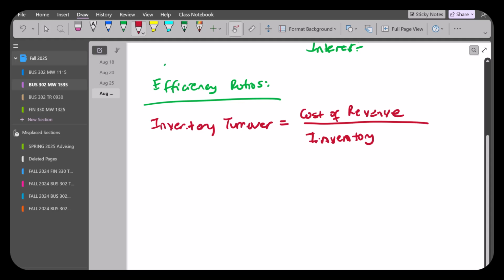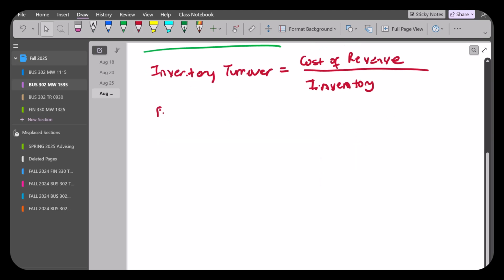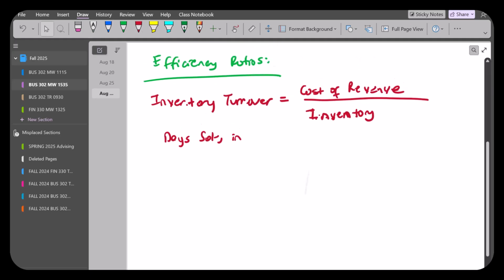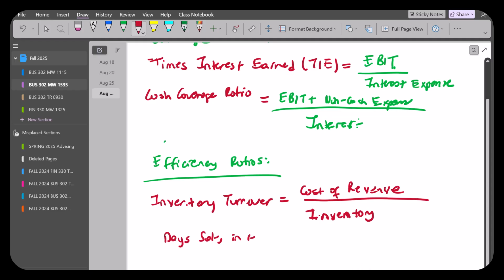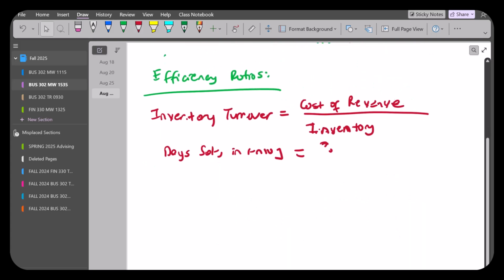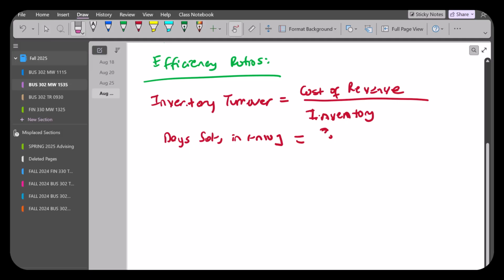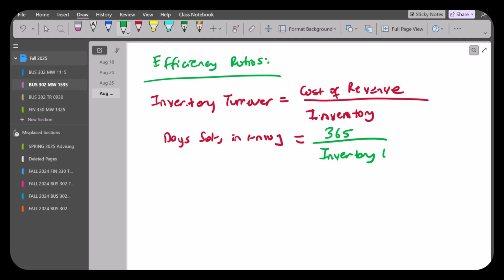This is called days sales in inventory. There is no independent information in these measures.